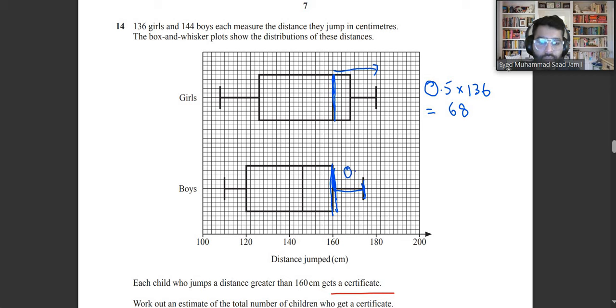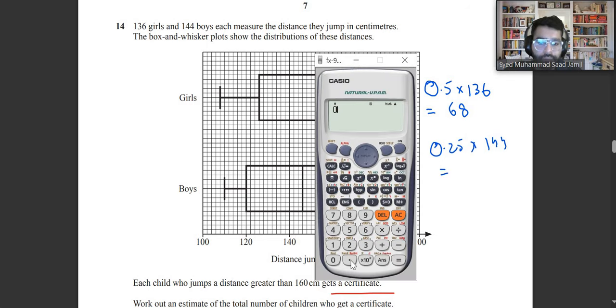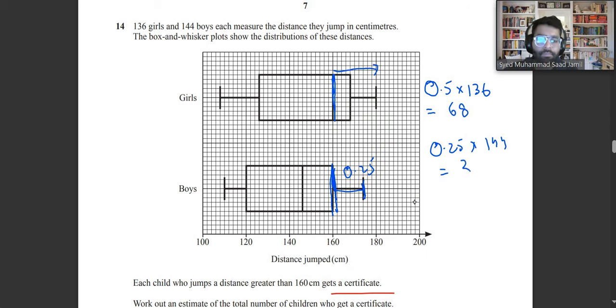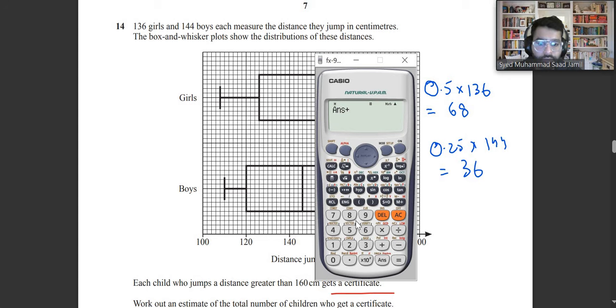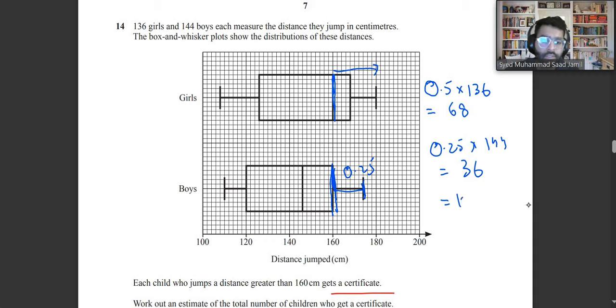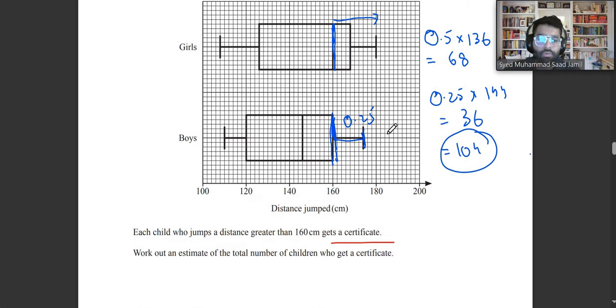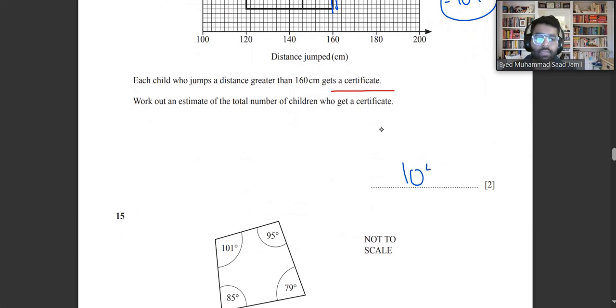So that is 0.25. So 0.25 multiplied by 144 boys, the answer is going to be 36. So now we will add both the numbers. 36 plus 68, it's going to be 104. Alright. So your answer is going to be 104.